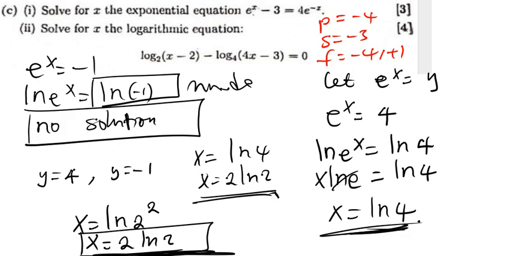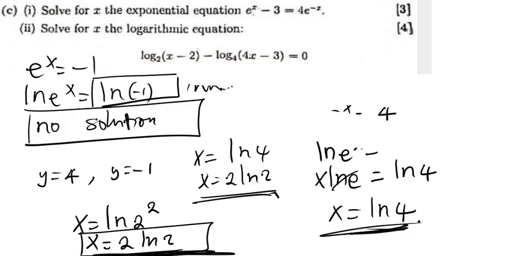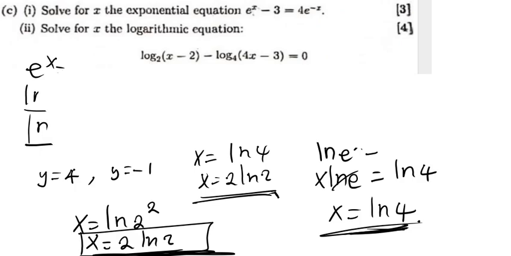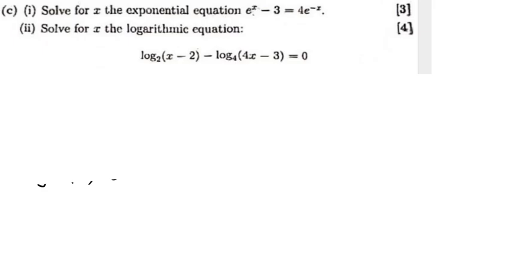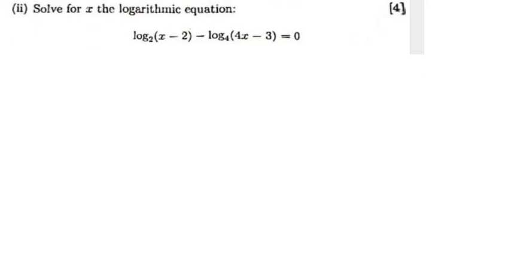Now let's look at the second part, which is about logarithmic equations. How can I solve this logarithmic equation? In simple terms, I can solve it by first changing the base of this one to be the same as the base of this other one.